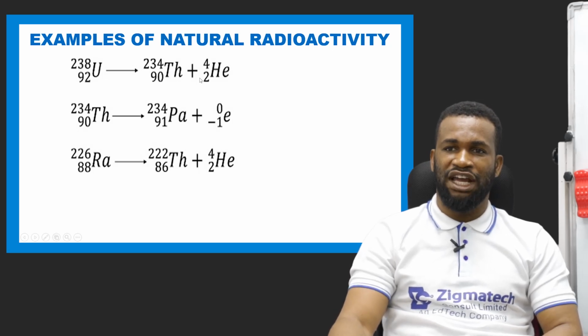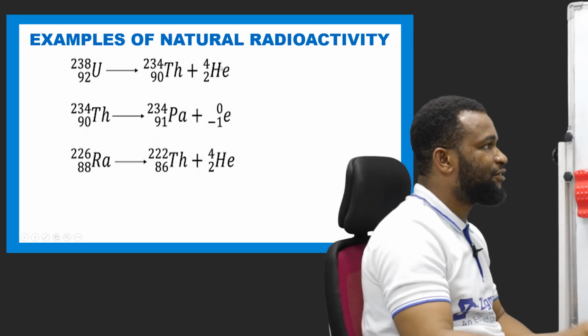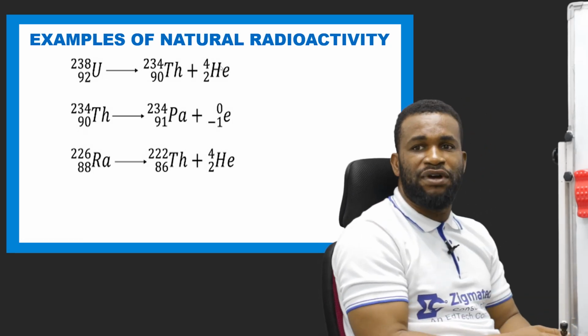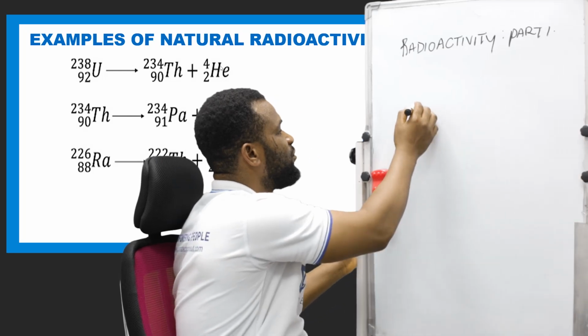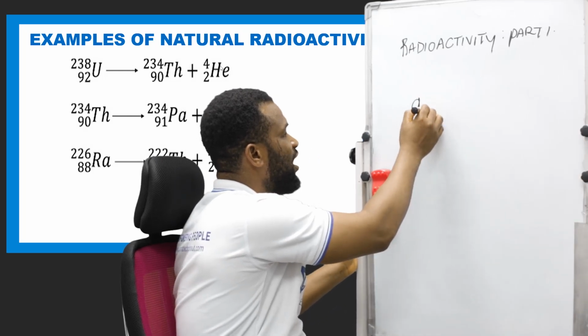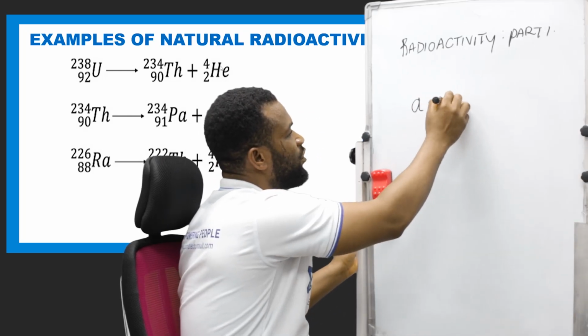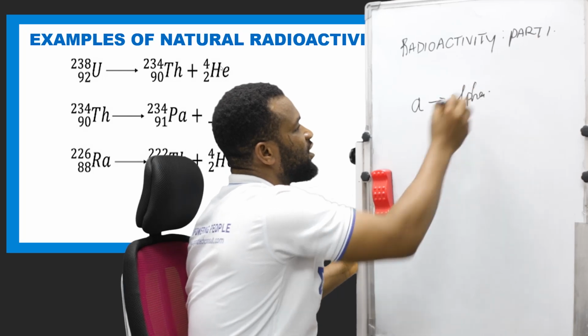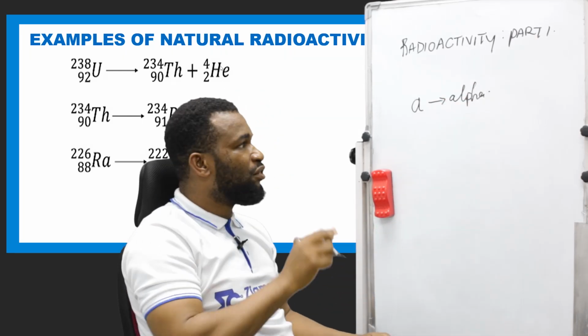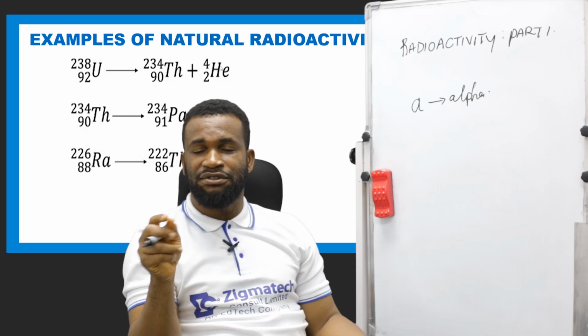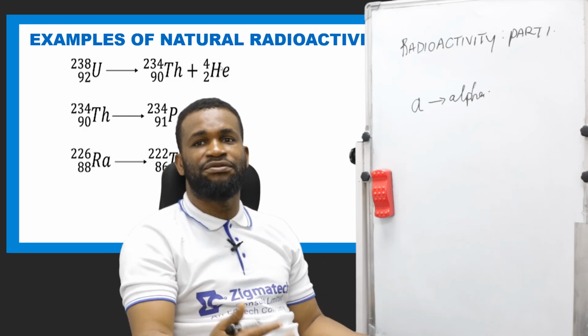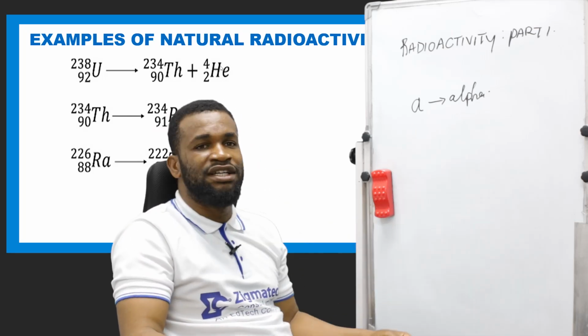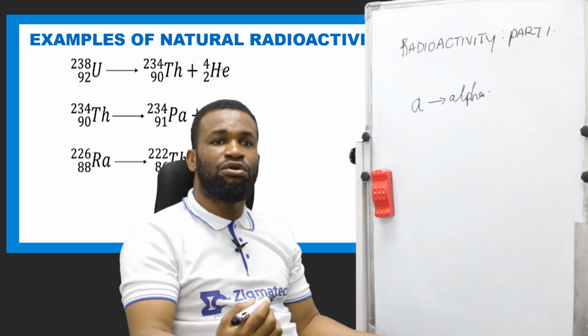And this is what I mean by the alpha particle. Like I told you, when Henri Becquerel found this, he didn't know the name, so he used a Greek word, alpha, to represent such kind of radiation. But after some time, physicists and other scientists found out that this alpha is actually an element called helium.